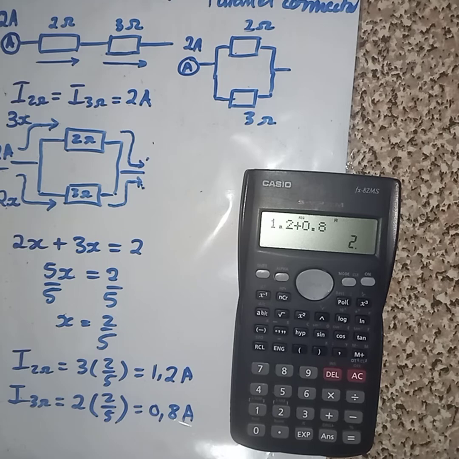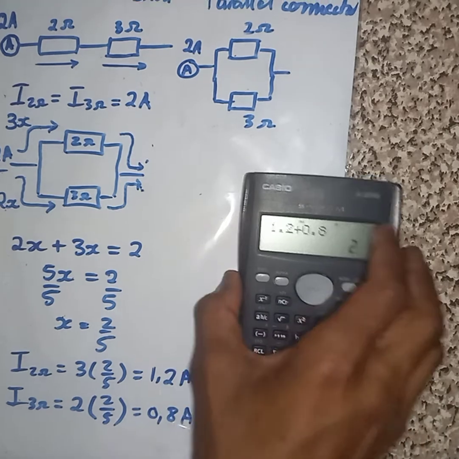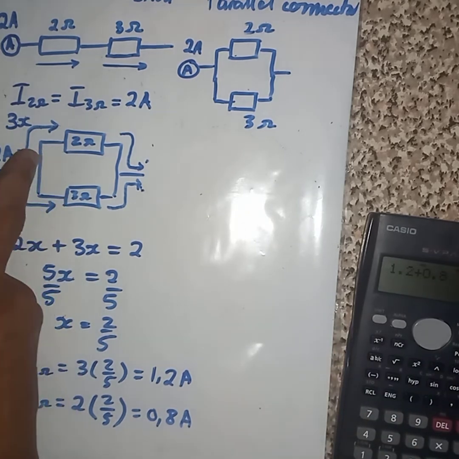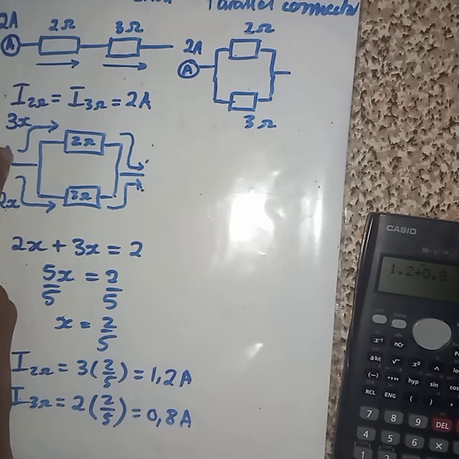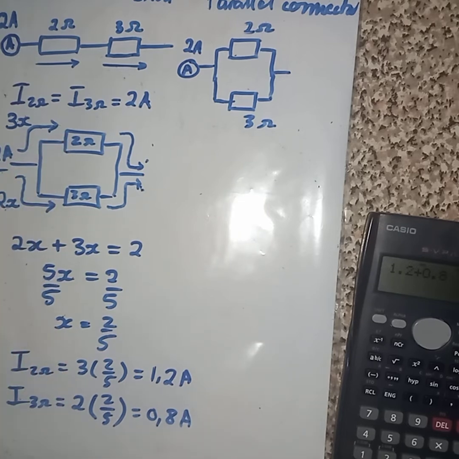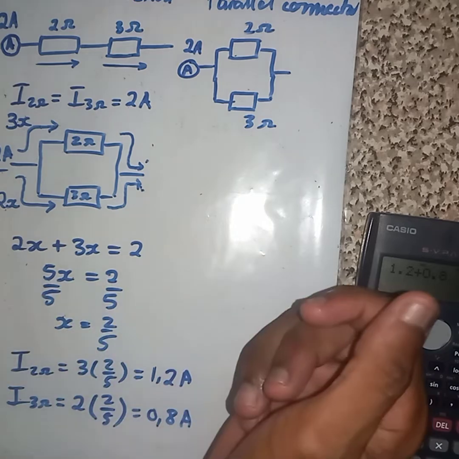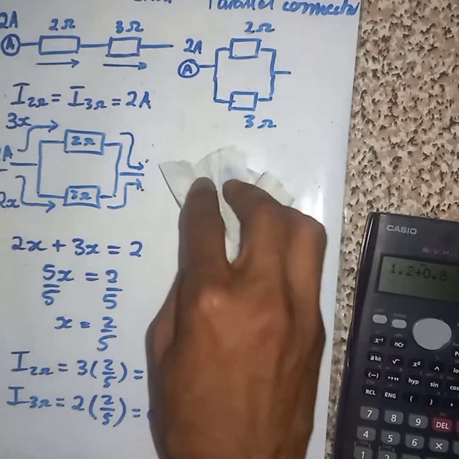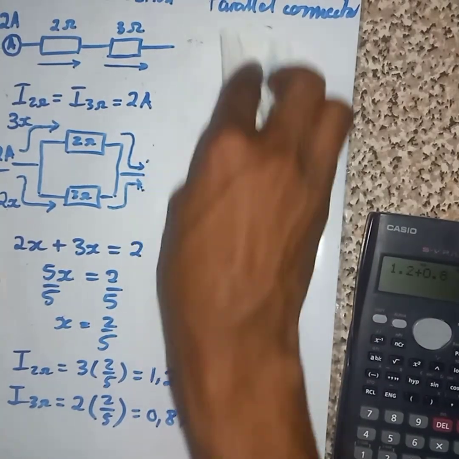This is another method that we normally use to calculate the current in each resistor. But we also have another method, which is this one. Let me erase here.